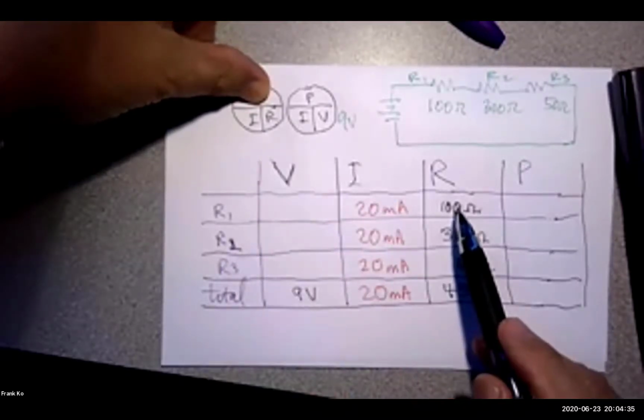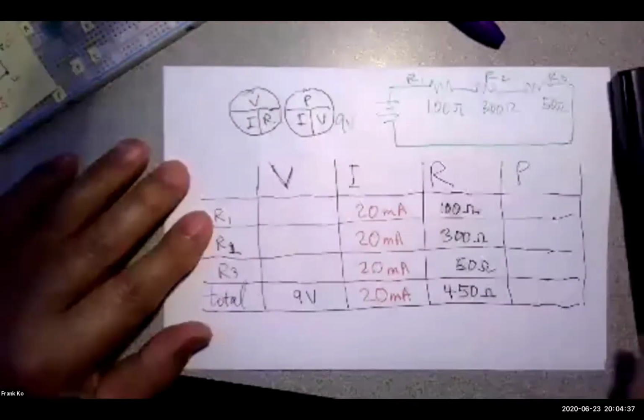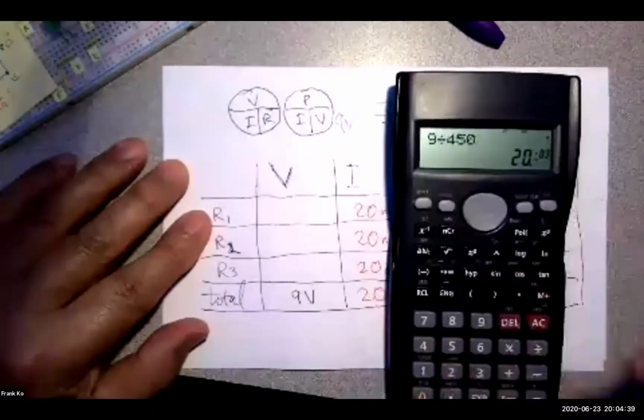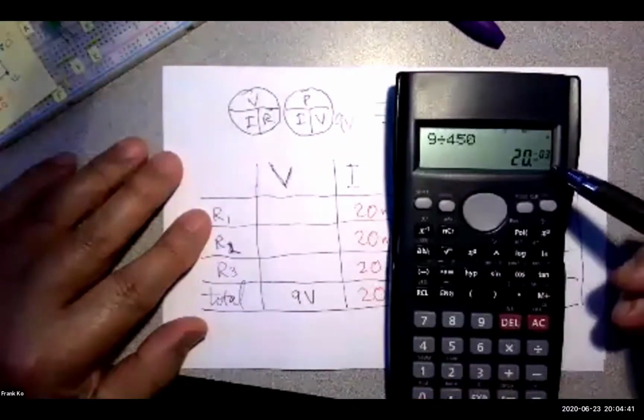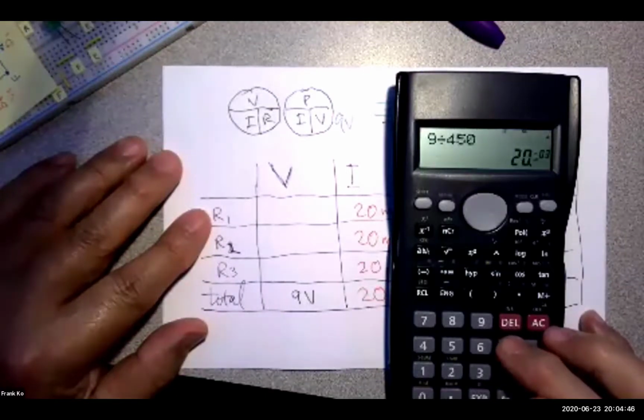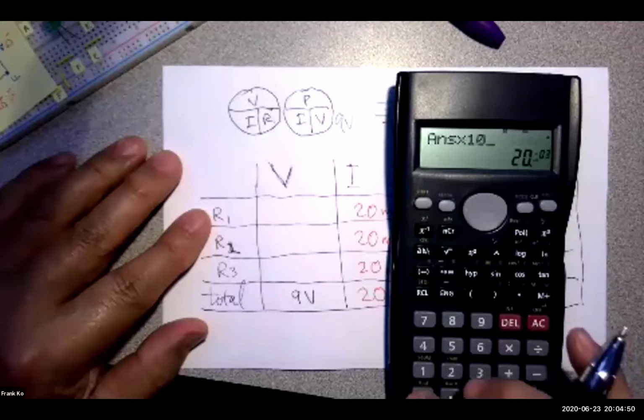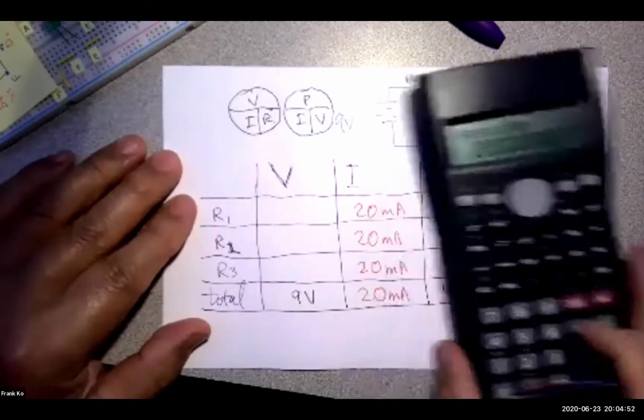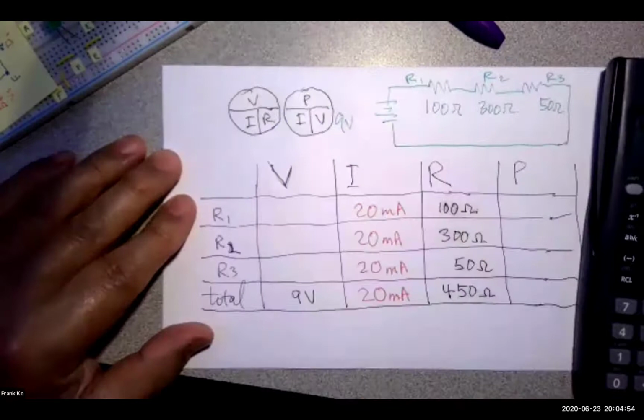Do I have an R? Yes. Do we still have 20 milli in your calculator? Can we just multiply that right now times 100? That calculates to be how many volts? 2 volts.